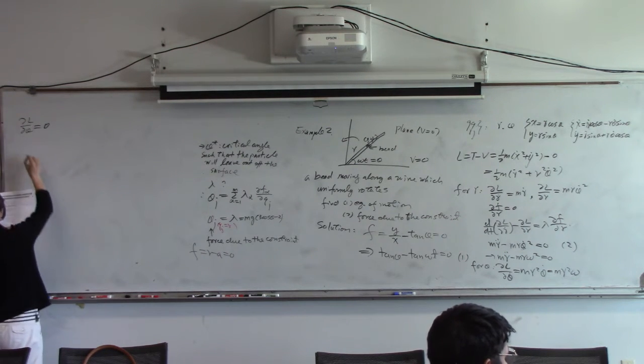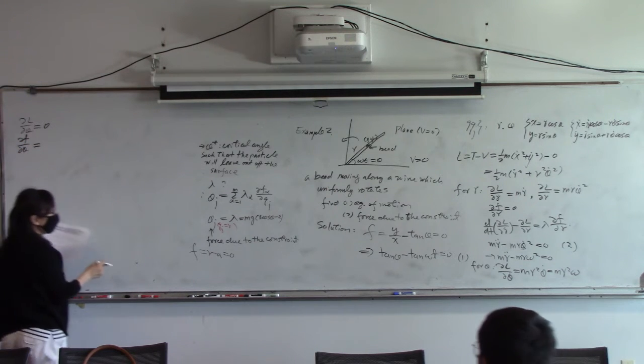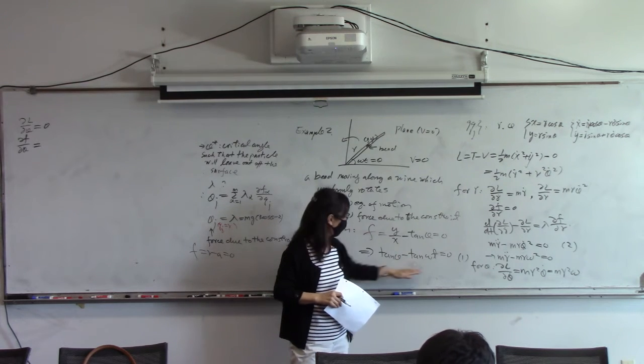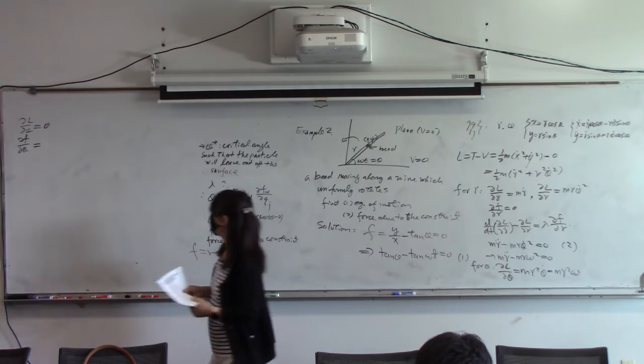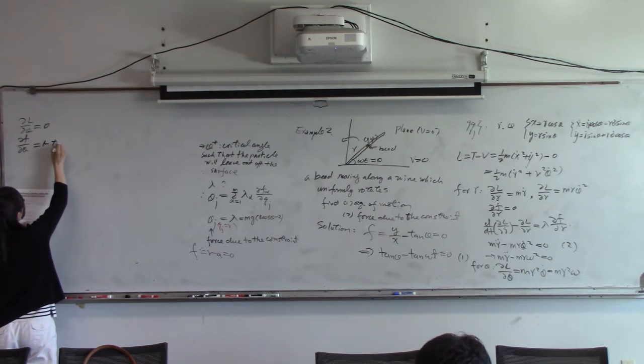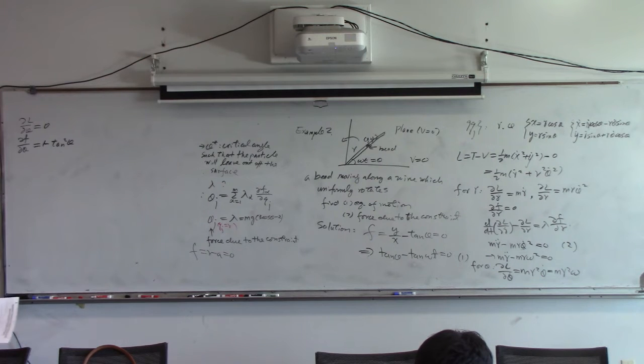And then partial f, partial theta. f is here, this is constant, so no theta. The derivative of tangent theta, you know, is 1 minus tangent square theta, right? You know its derivative, right? So then we are going to substitute this into the Lagrange equation.